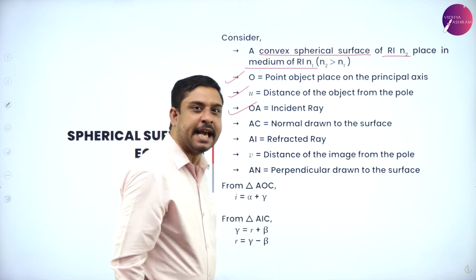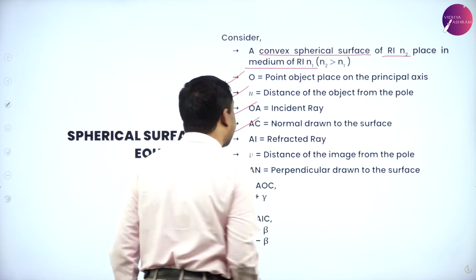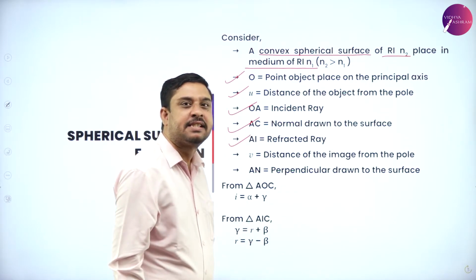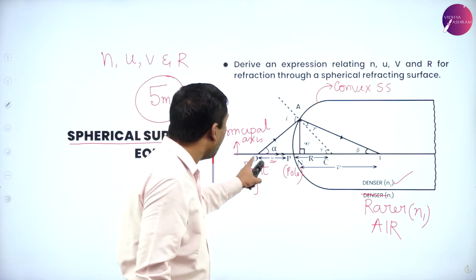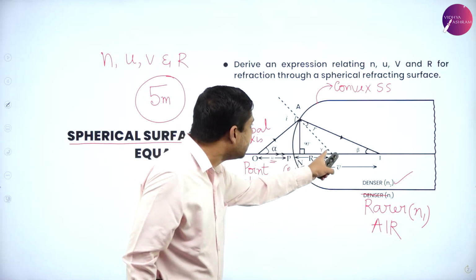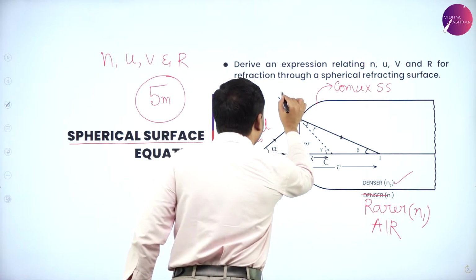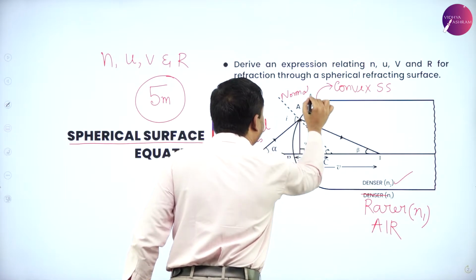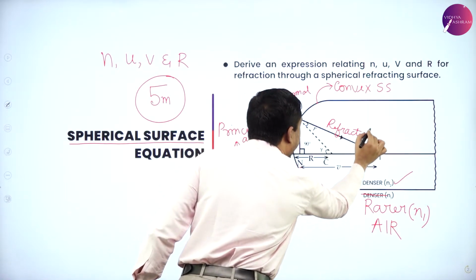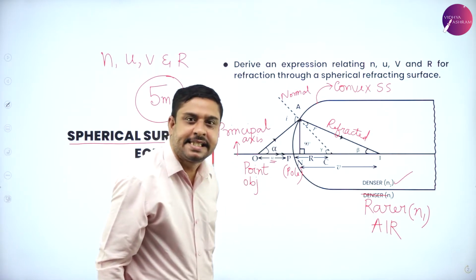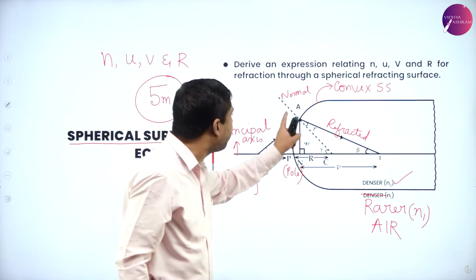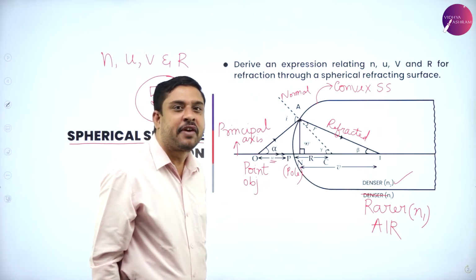OA is the incident ray, AC is the normal that is drawn to the surface, and AI is the refracted ray.